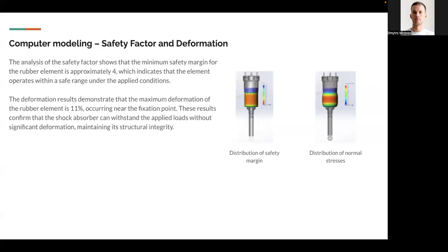The analysis of the safety factors shows that the minimum safety margin for the rubber element is approximately 4, which indicates that the element operates within a safe range under the applied conditions. The deformation results demonstrate that the maximum deformation of the rubber element is 11%, occurring near the fixation point. This result confirms that the shock absorber can withstand the applied loads without significant deformation, maintaining its structural integrity.